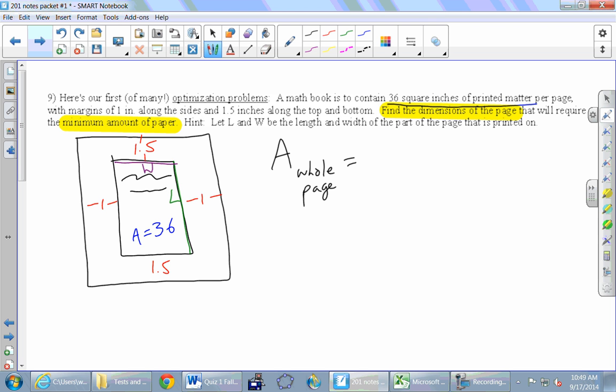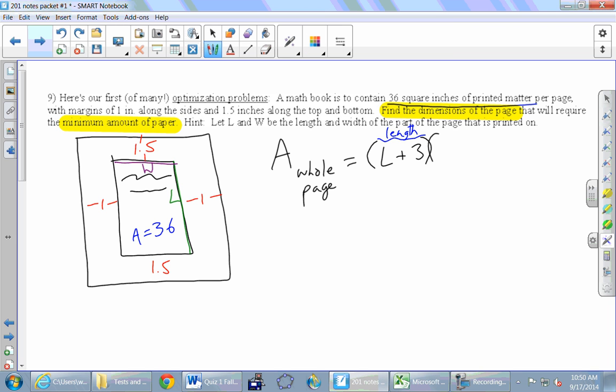Okay, so the whole page is a rectangle, so it's the length of the big rectangle times the width of the big rectangle. The length of the big rectangle, going from here to here, includes the green L plus how much more? Plus 3 more. So L plus 3, which we'll say is the length of the whole page.